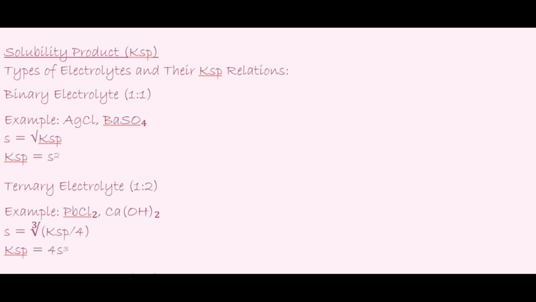So we have different types of electrolytes like binary electrolyte, ternary electrolyte, quaternary electrolyte, or complex salts. You can take anything. Depending on the molar solubility value, we will find the solubility product. Here small s stands for molar solubility.